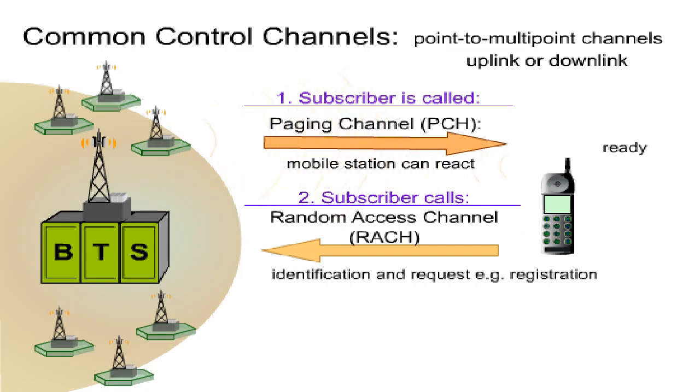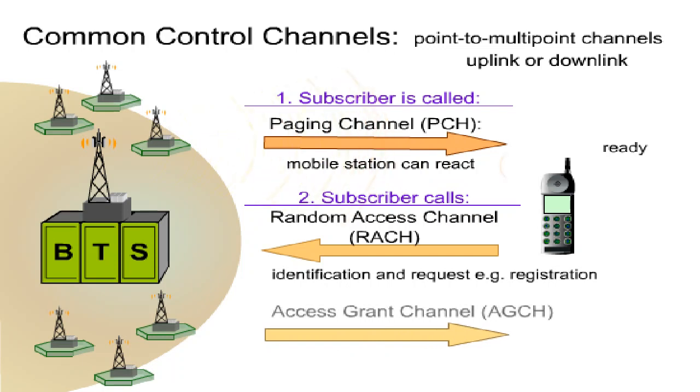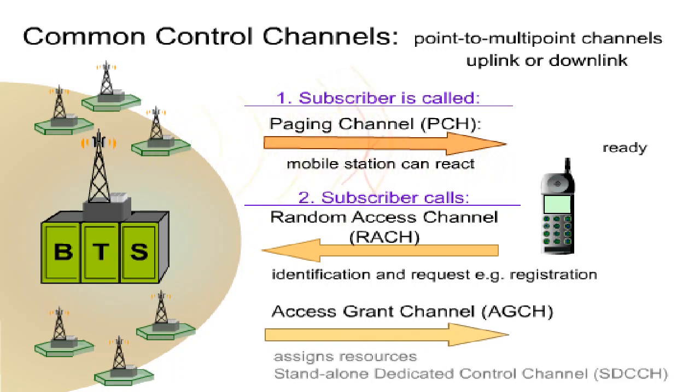This channel only exists in the uplink. In return, the network sends the access grant channel, AGCH, in the downlink direction to assign resources to the mobile station by granting it a stand-alone dedicated control channel, SDCCH. The PCH, RACH and AGCH form the group of the common control channels belonging also to the common channels.